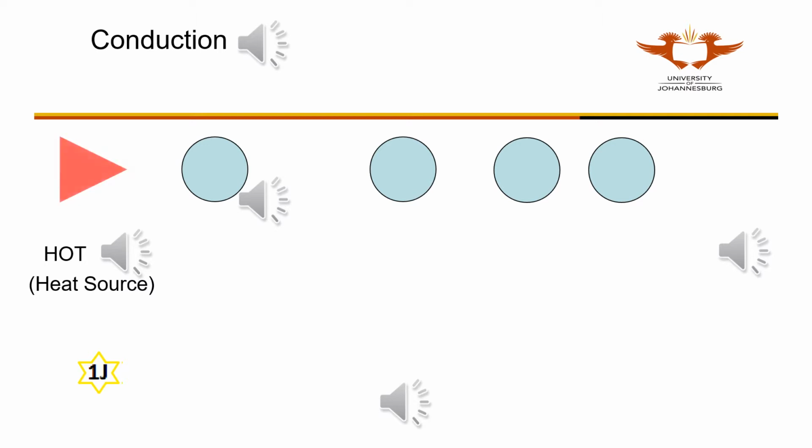This could be a heater that emits energy. On the right-hand side, you see a heat sink. This could be cold air and cold surroundings on the right-hand side of the wall that suck heat out.